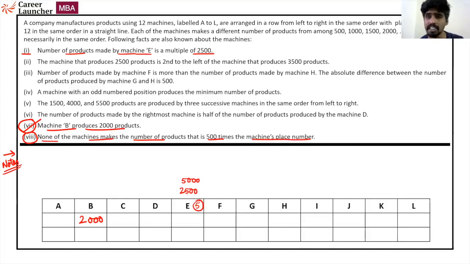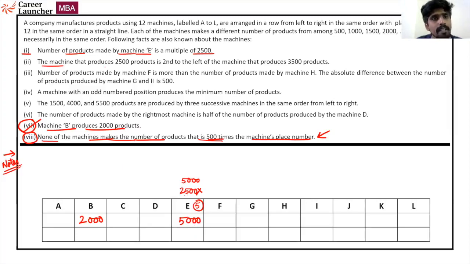This means that machine E could not have manufactured 2500 products, because 5 into 500 would give you 2500. I think this is a very useful point. That means machine E cannot produce 2500 units, so machine E has to produce 5,000 units.